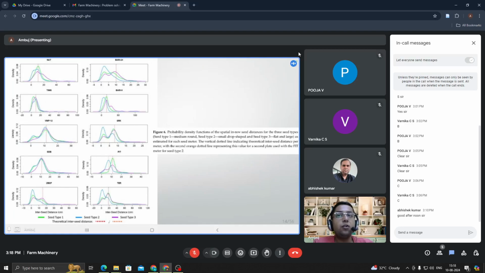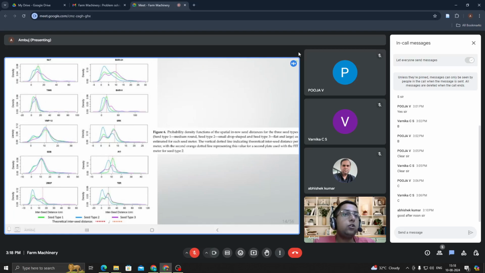In one line, because a lot of people may have difficulty understanding: the PDF plot tells us in which region most of the seeds would be falling.